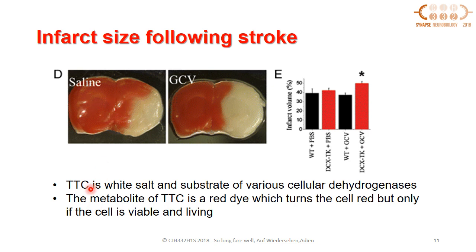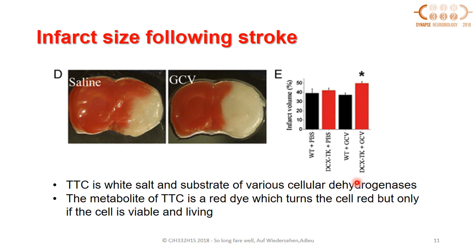TTC is a white salt, and it is also a substrate of a lot of different cellular dehydrogenases, and it's also part of that mitochondrial chain. If the mitochondria and the cellular dehydrogenases are intact, this white salt actually gets turned into a red color, which is what you're seeing.